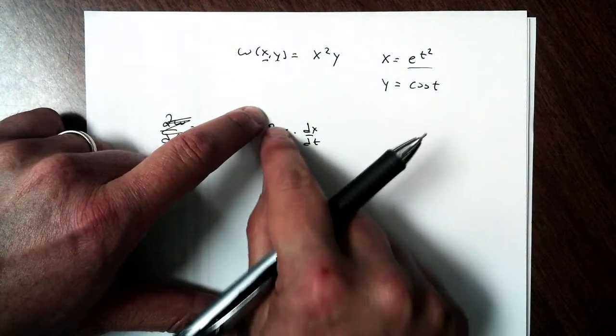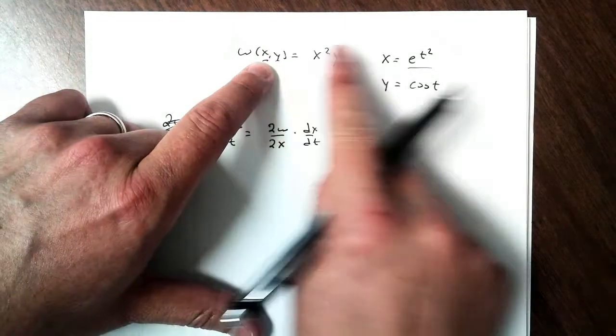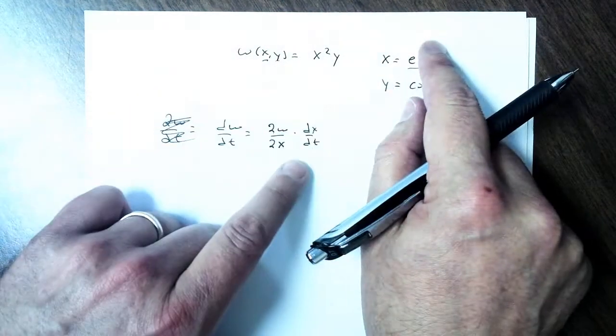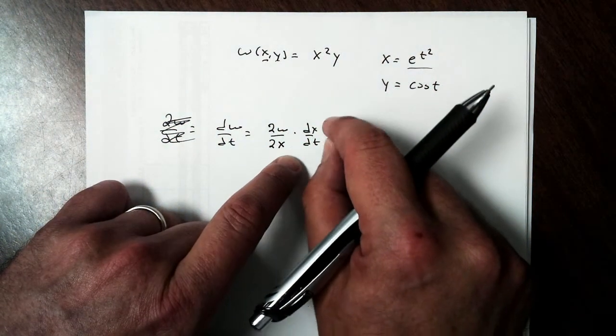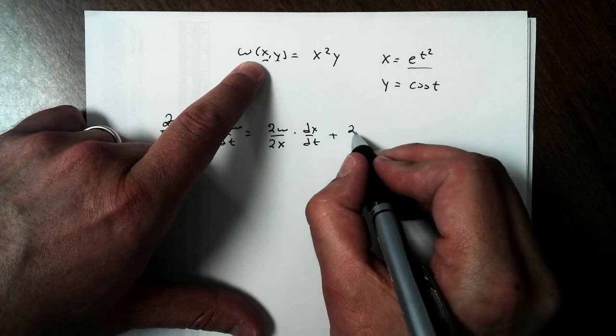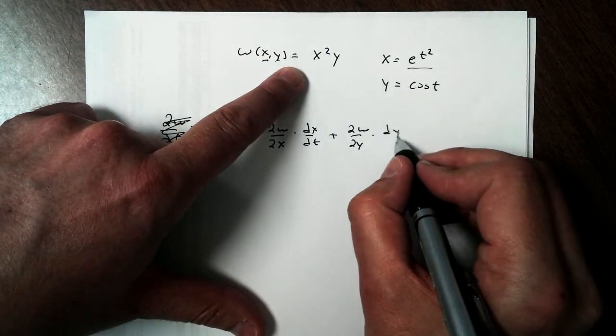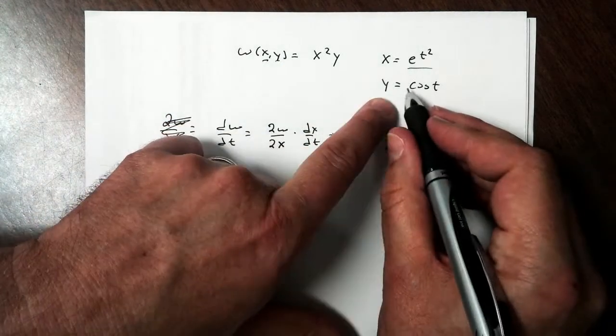That's why we use the partial notation here, the dels. But when I take the derivative of the inside, x is only a function of t, which is why we use our old notation, dx dt. And I just do the same thing for the y's. The partial of w now with respect to y times dy dt, because y is a function of t.